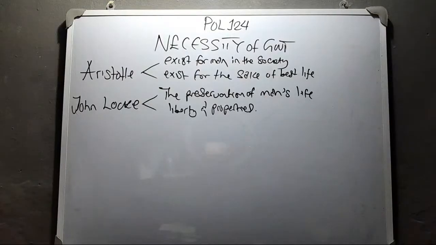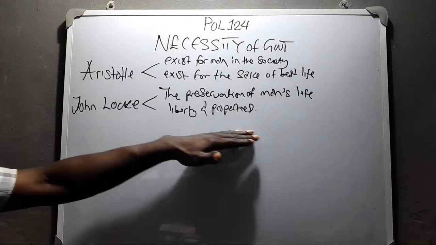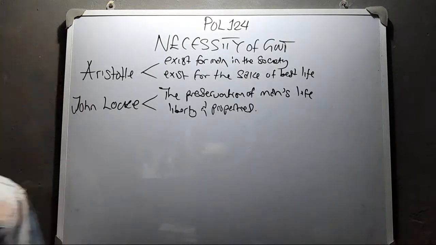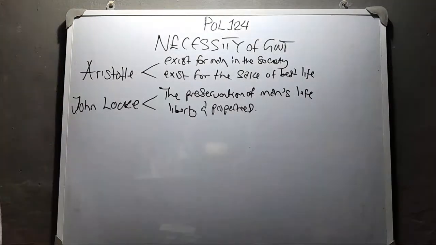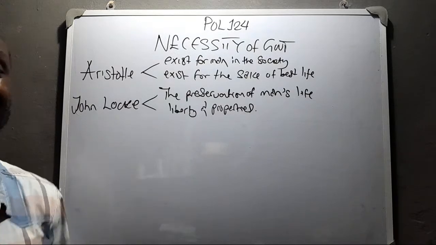Okay, now, you can imagine in the natural state of man, we were made to understand in one of our classes then that it was brutal, that the life of men was short, man was very animalistic then.